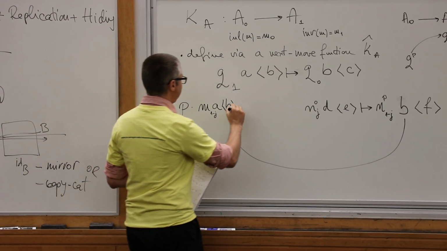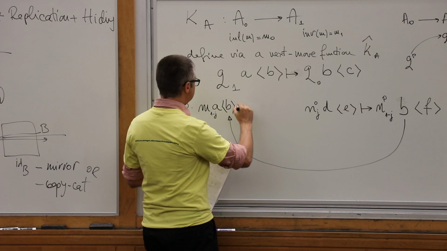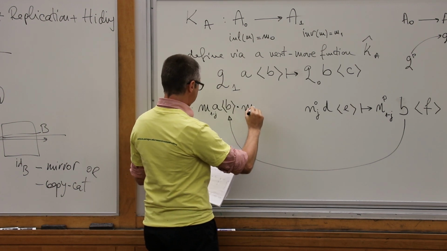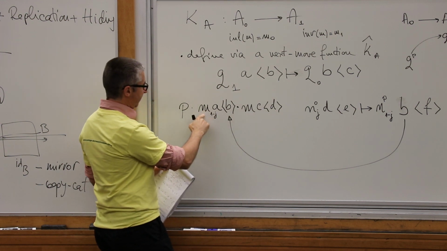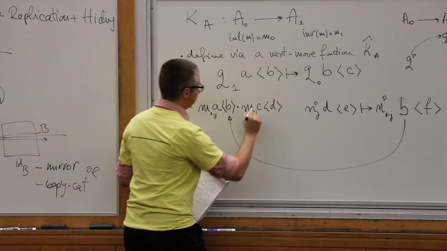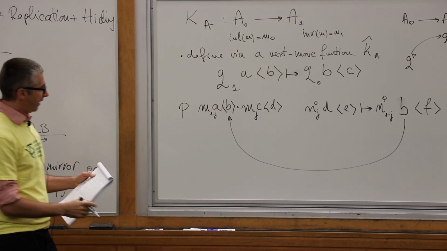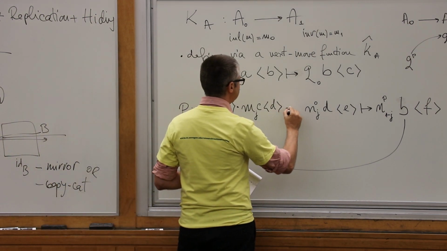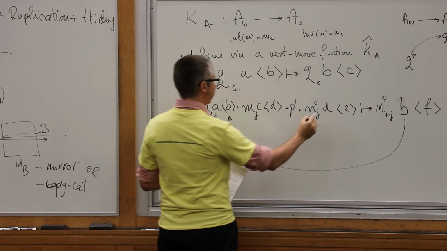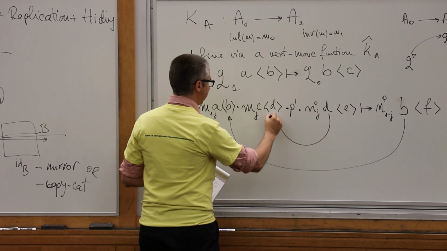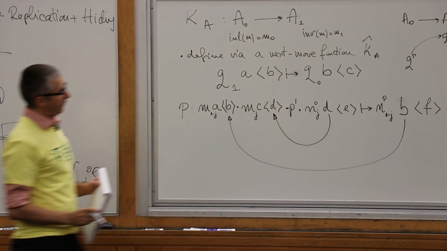That itself is something that has been copied. M, D, and now this is on the other side, J, and then some other stuff happens, P prime, and then this happens, okay?